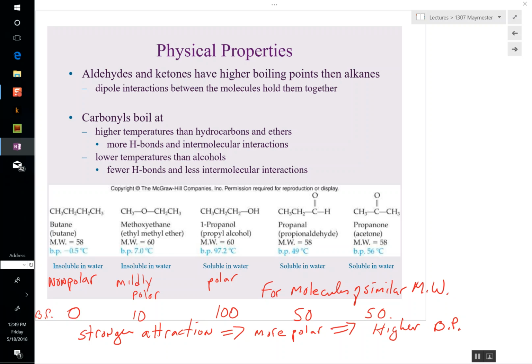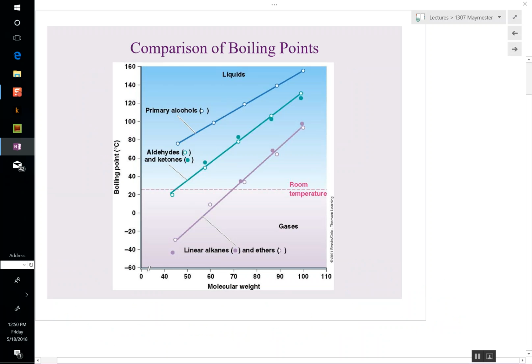Okay. Yeah, here's showing it right here. Here's molecular weight, here's boiling point. What do we got here? There's alkanes. It should tell me how many carbons. This is probably going to be ethane and propane and butane and pentane and hexane.